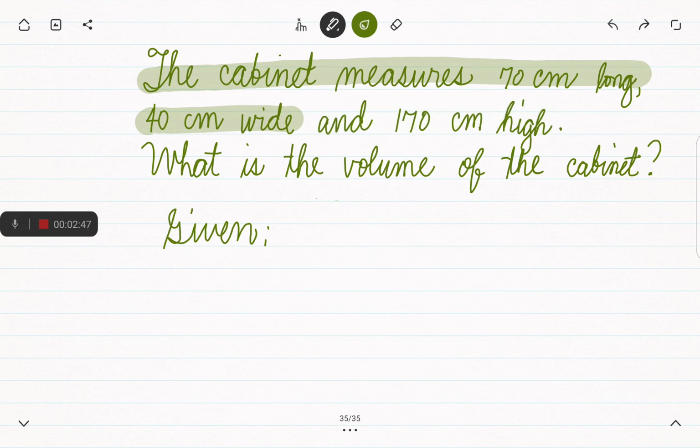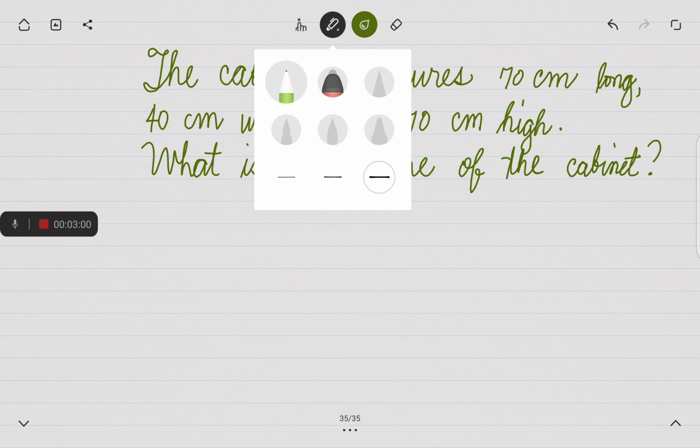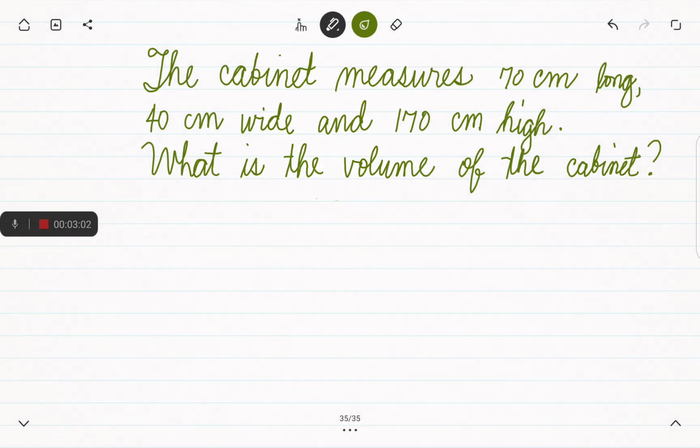Now talking about number 3, what is the answer? It says there, use V is equal to length times width times height.